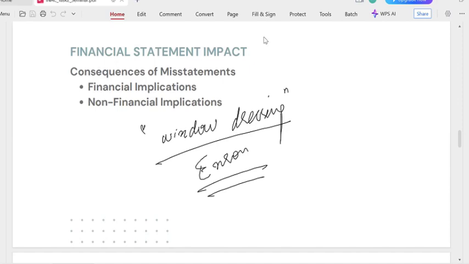Right now we have the Big Four, but earlier we used to have the Big Five. After that scandal came to the surface, Andersen had to close their operations. So that's a typical example of a fraud happening with collusion. The word is collusion.